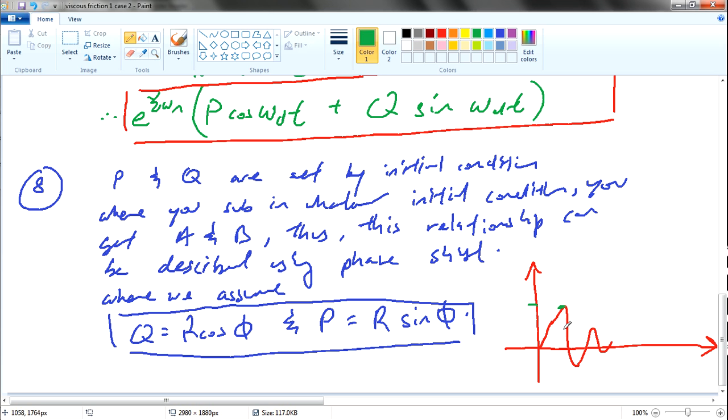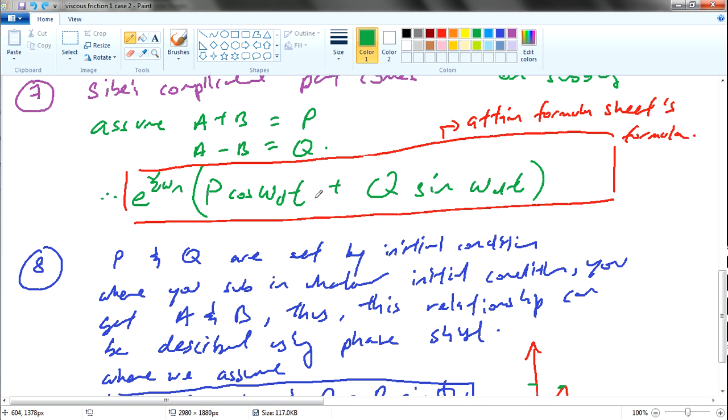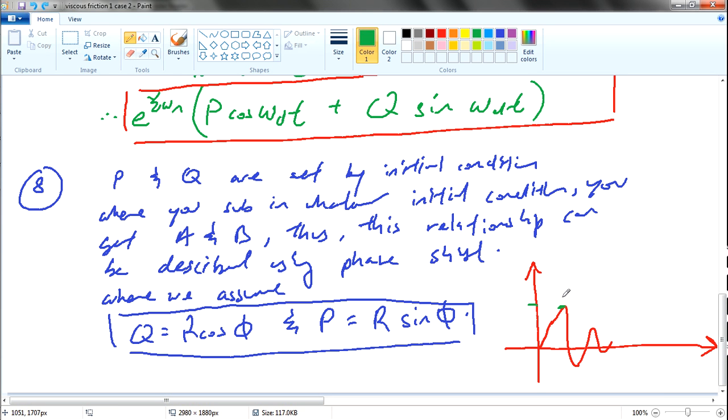But it doesn't describe where it starts. Maybe it starts from here, or from here and then oscillates up. You don't know, so you need a phase angle to accompany this.